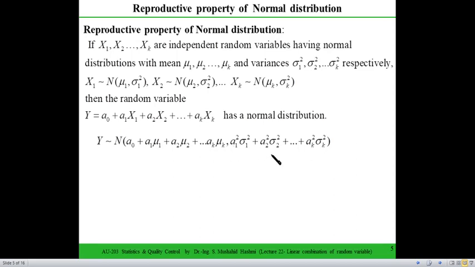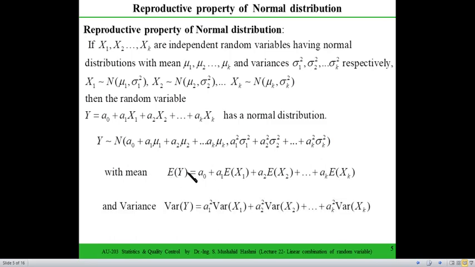So the variance is not just the sum of the variances, but the constant square times the square of the standard deviation, which is the variance, and then we take the sum. That would be the variance of the random variable y, which would be normally distributed if x1, x2 are normally distributed. We can easily calculate the expected value of the random variable y, which we have already seen. Similarly, we can calculate the variance of that resulting variable.